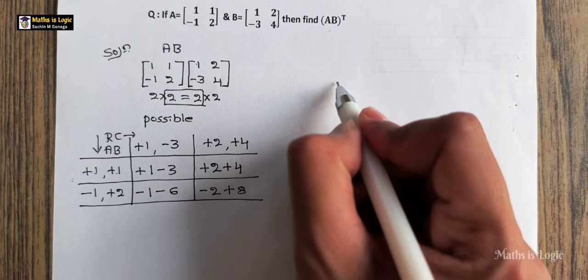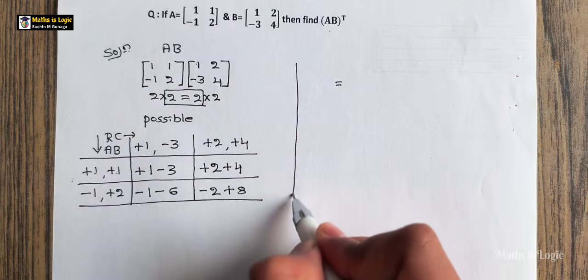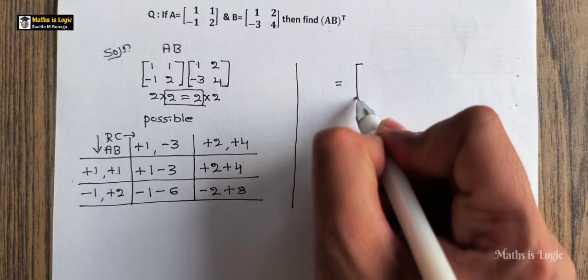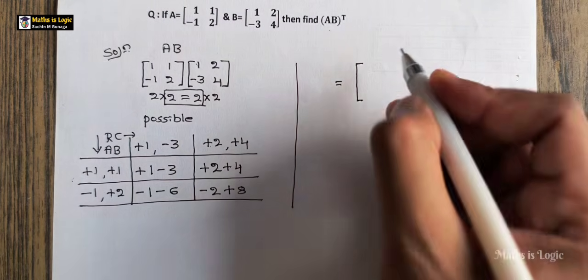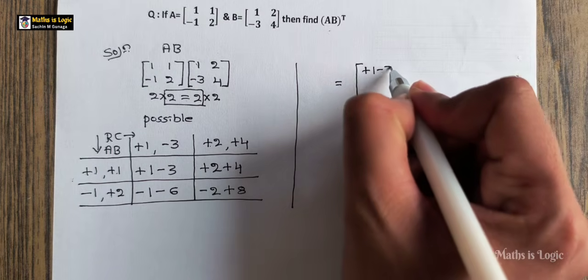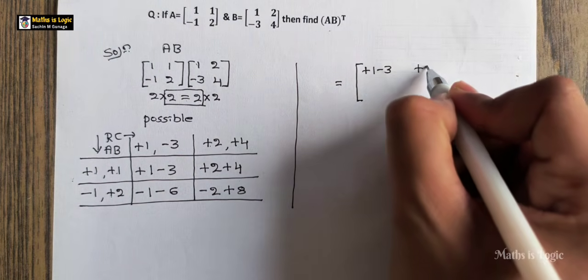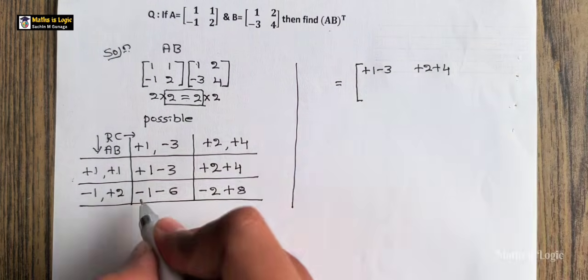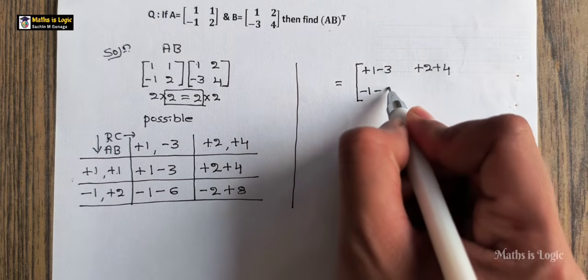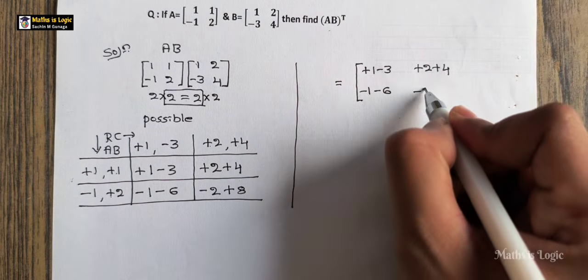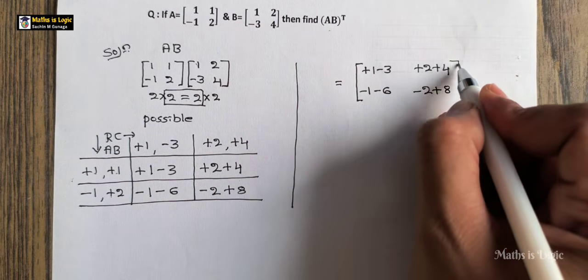Therefore, which is equal to, now in matrix form rewrite. Therefore, plus 1 minus 3 plus 2 plus 4 minus 1 minus 6 minus 2 plus 8.